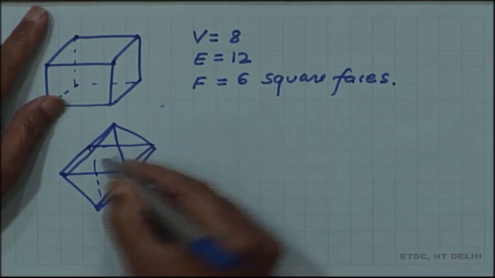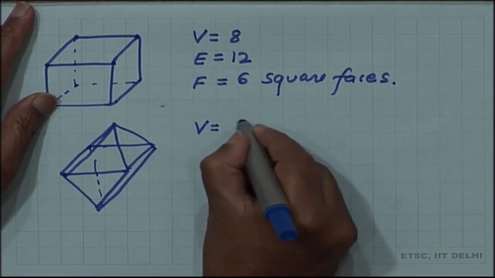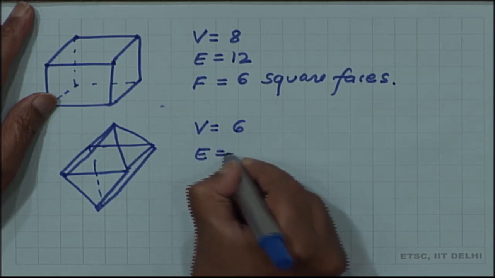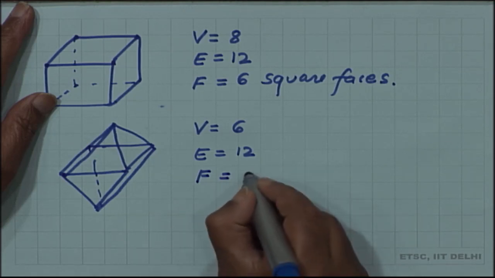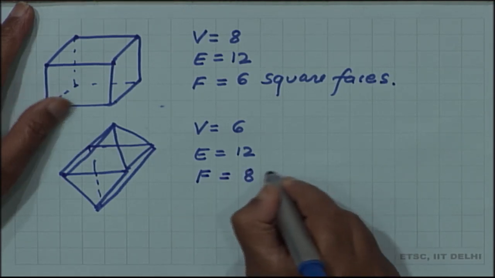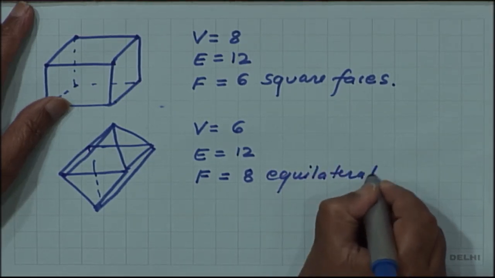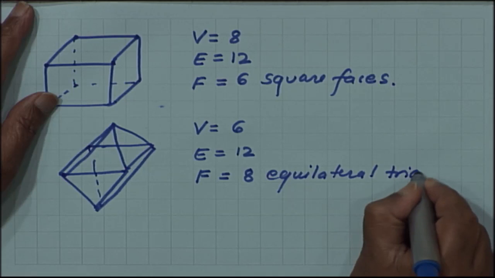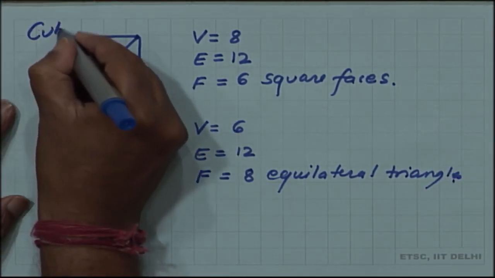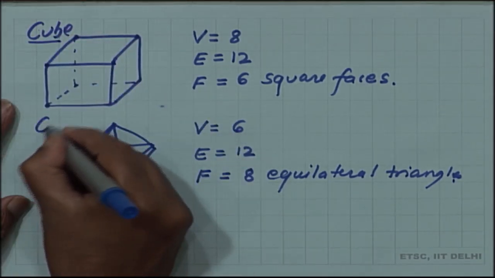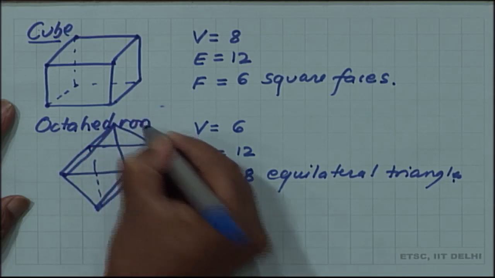You can see 4 plus 2, 6 vertices, again 12 edges, and this time 8 triangular faces, 8 equilateral triangles. So, this is the cube, this is the octahedron.